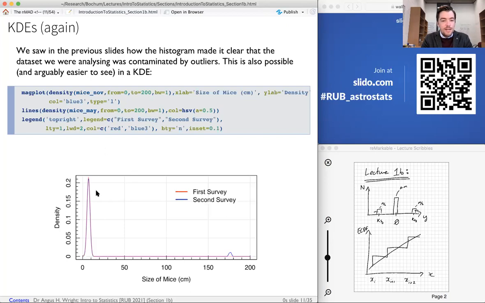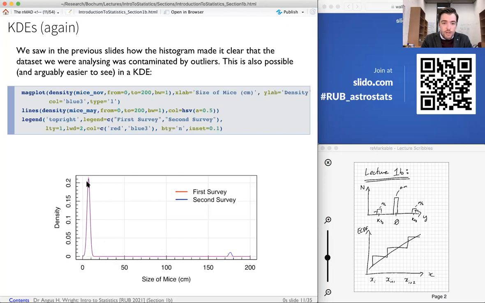And what we find is that the red line here shows the first survey, and now it's very, very clear that there is no information in the first survey out of this outlier peak, because the line is very clearly at 0. And you can furthermore see that the distributions here at low values of the size are almost identical, which I would argue is easier to see with the KDE than it was with the histogram.